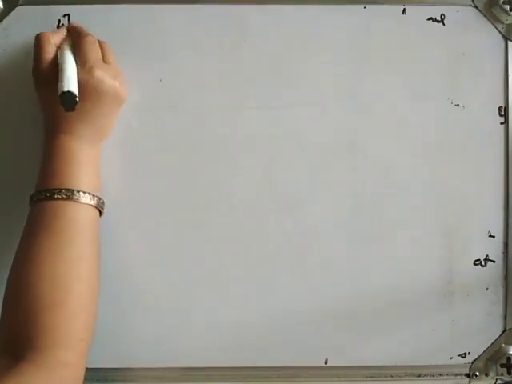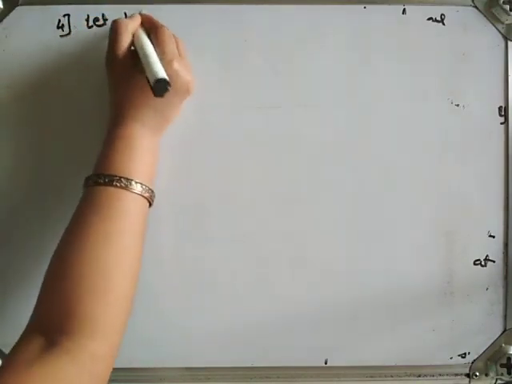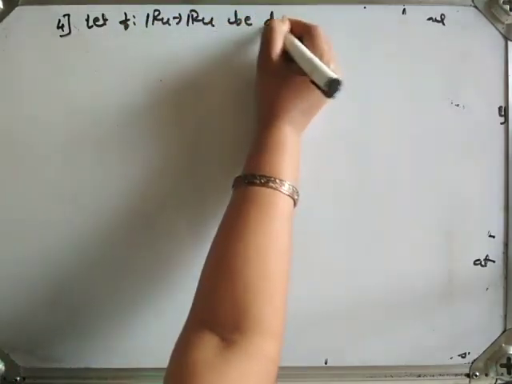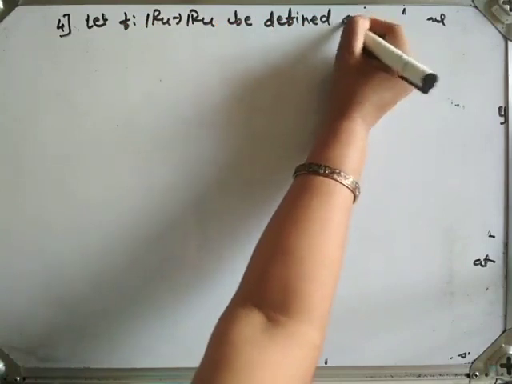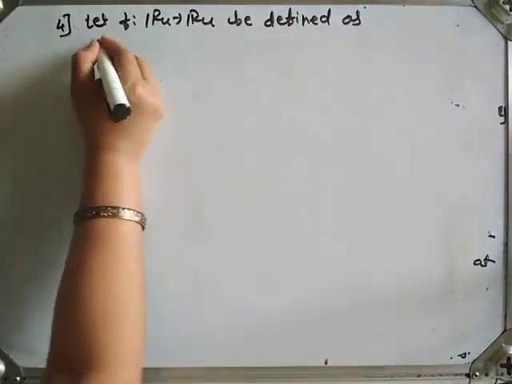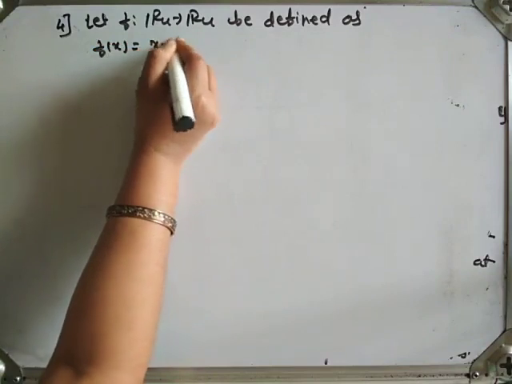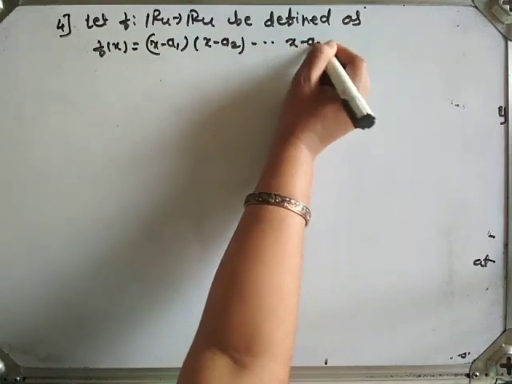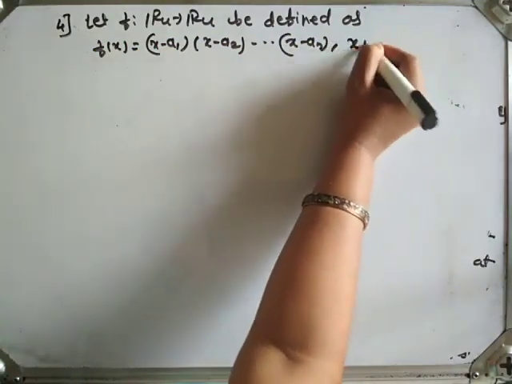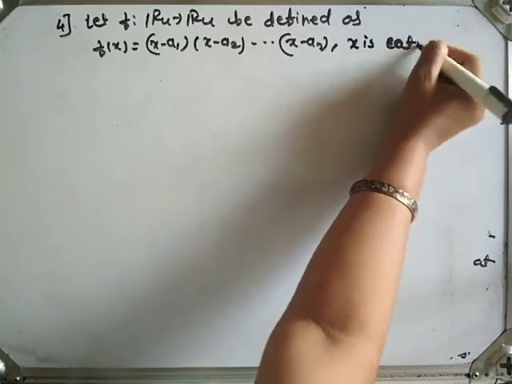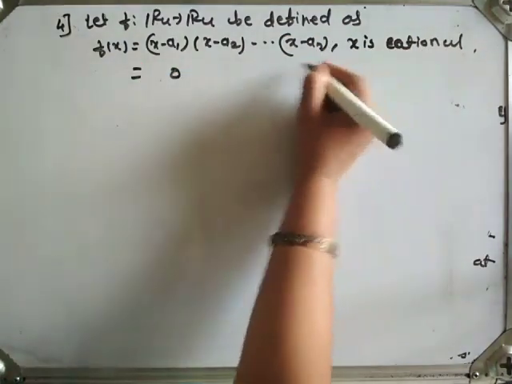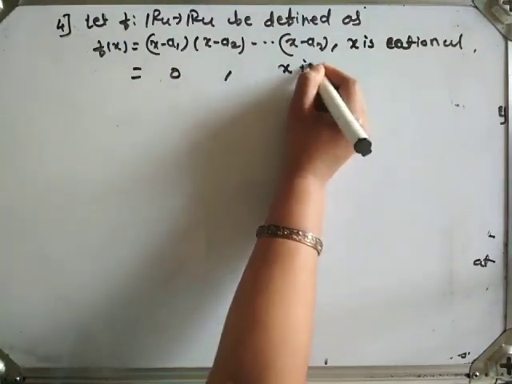Let us take one example for homework. Let f from R to R be defined as f of x is equal to x minus a1 into x minus a2 and so on up to x minus an, when x is rational, and equal to 0 when x is irrational.